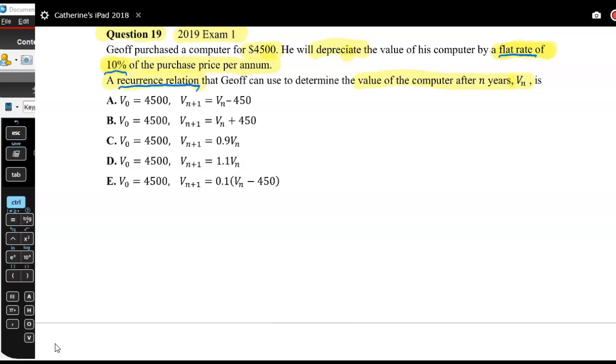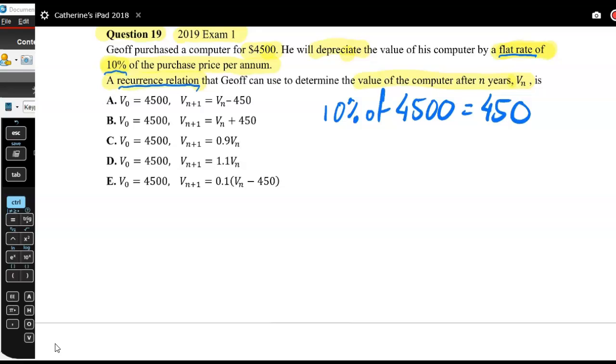So let's think about this. We've got to find 10% of 4,500, and that is 450.